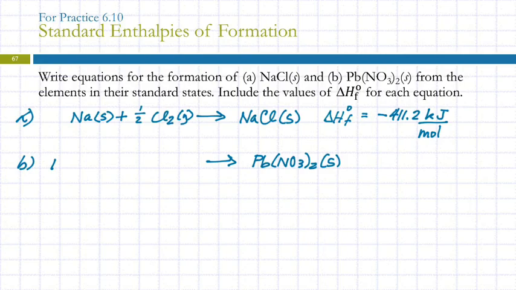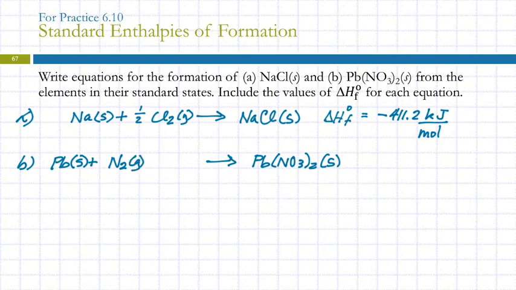So we've got Pb, and we have N, and we have O. What's the standard state for lead? It's a solid. It's a metal, so it's going to be a solid at room temperature. What about nitrogen? It's a gas. Is it diatomic? Yes, it is. So N2 gas.